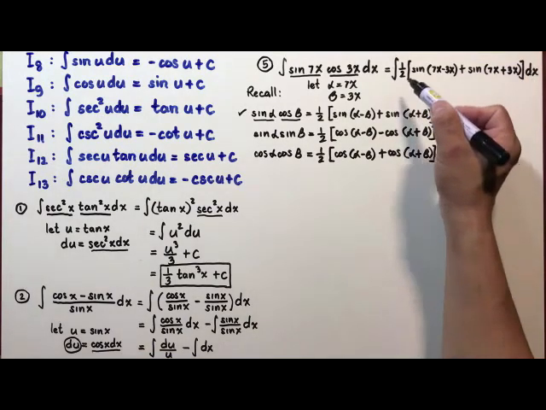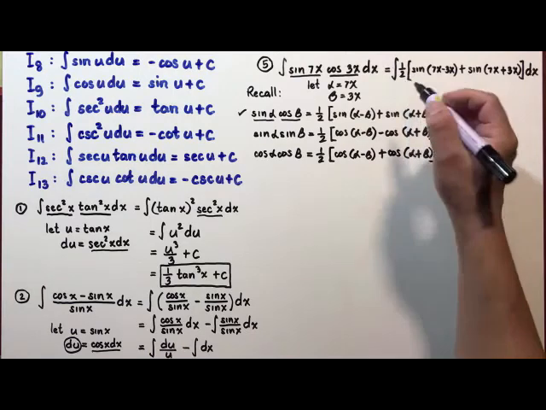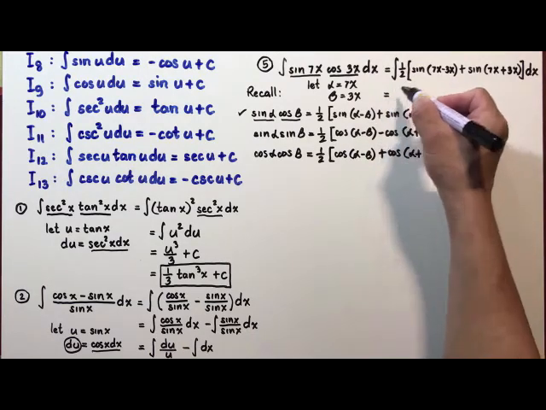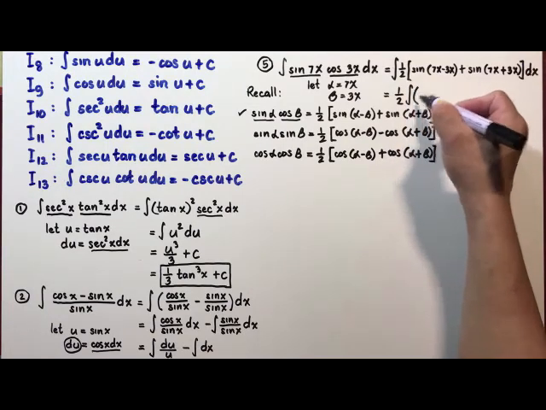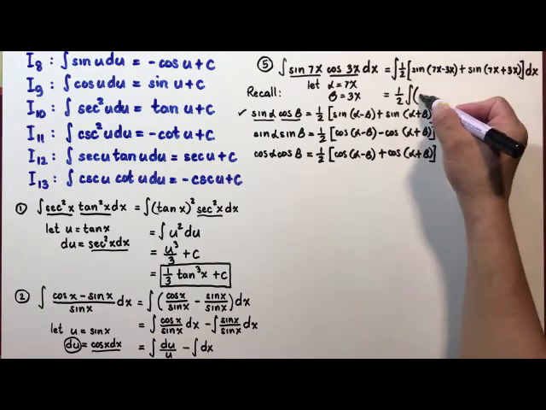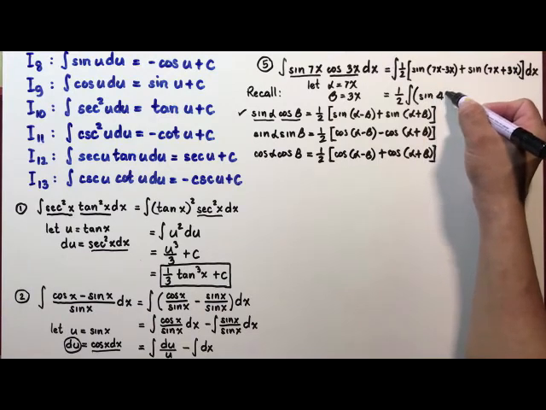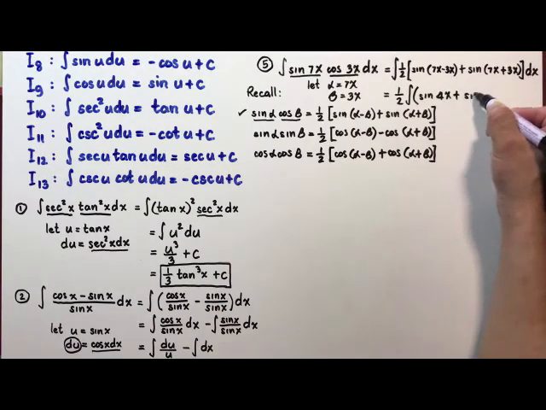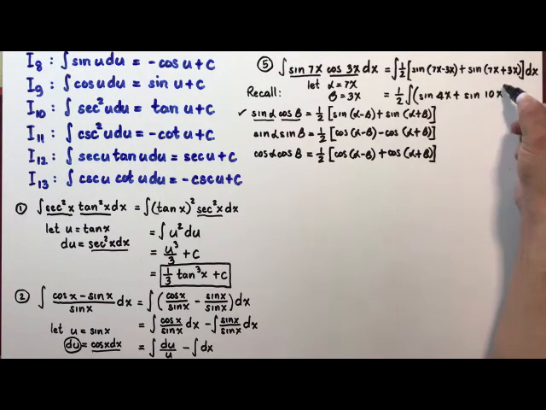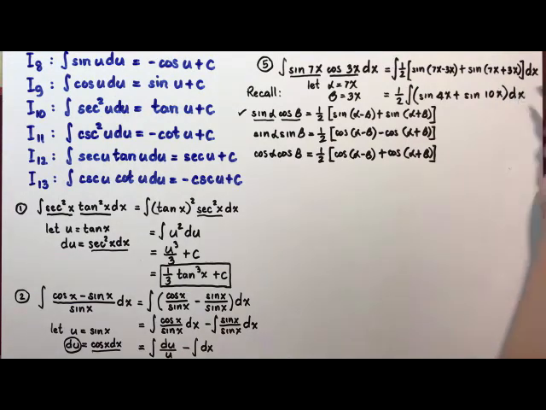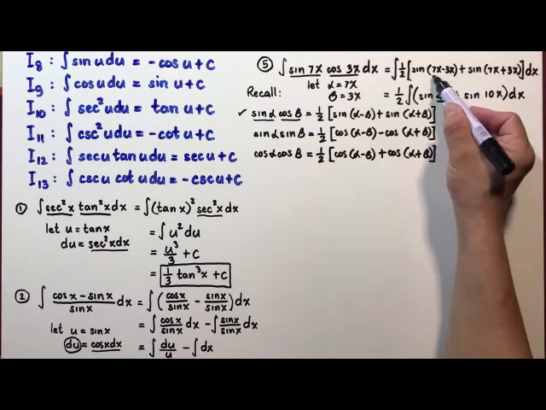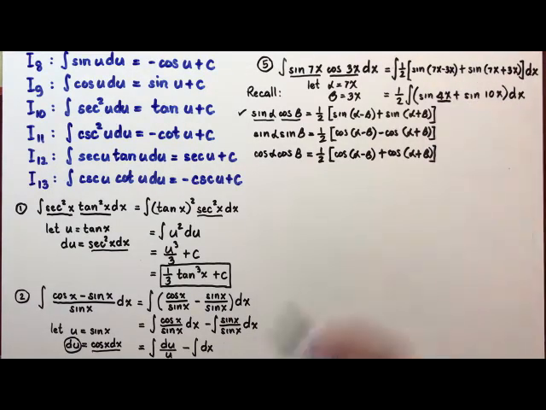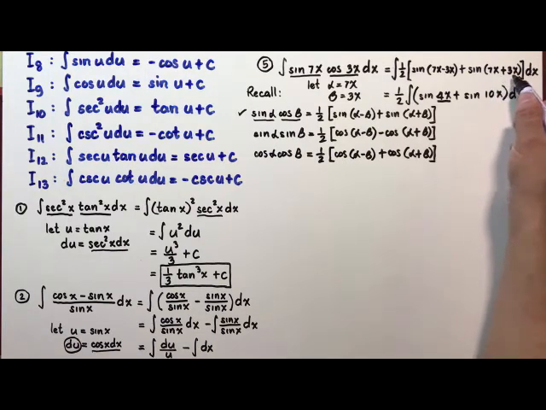I noticed that I have a constant factor that I can factor out as 1/2 times the integral of the sum, which is sine of 4x plus the sine of 10x, and we still have dx. Why 4x? Because we subtract here. 7x minus 3x is 4x, and 7x plus 3x, that's 10x.